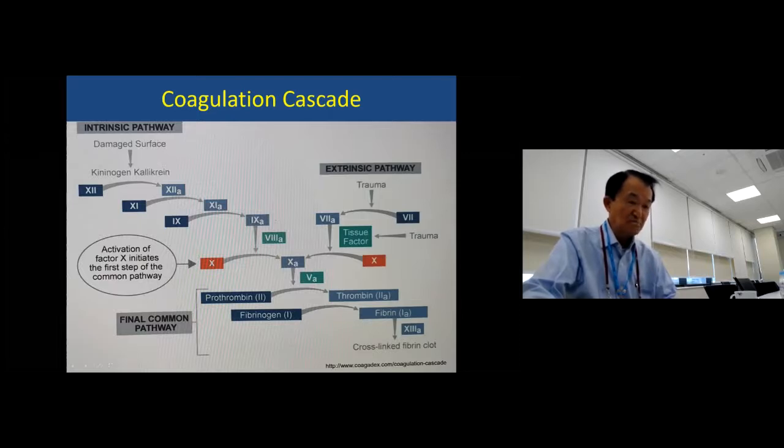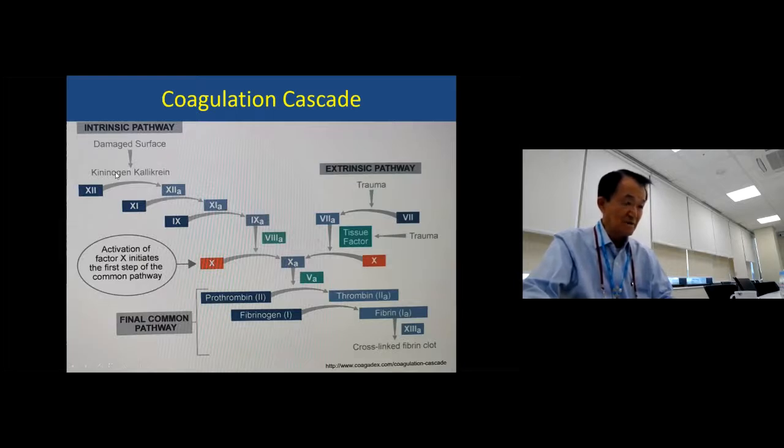So we measure prothrombin time for the extrinsic pathway, but partial thromboplastin time, that's PTT, is the time for blood clot using intrinsic and the common pathway factors.